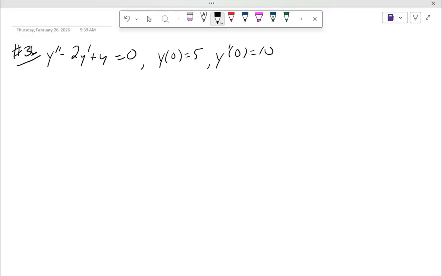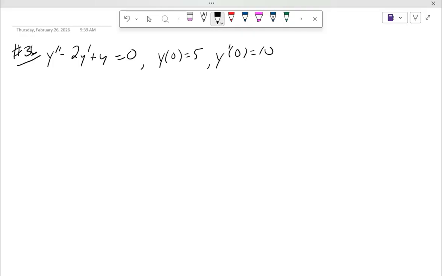So again, here we have an initial value problem. We know it's an initial value problem versus a boundary value problem because we are given information about the function and its first derivative at the same point. So in an initial value problem, we never change the x value or the independent variable value that we're plugging in.